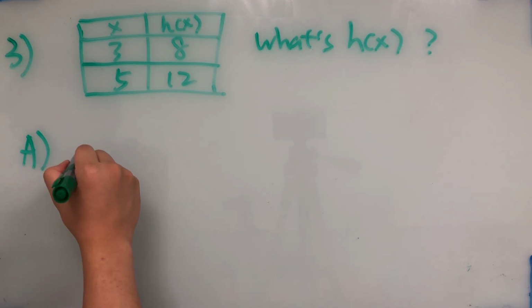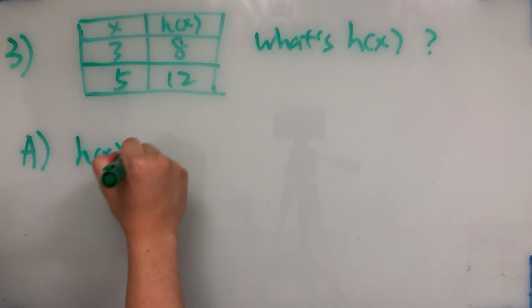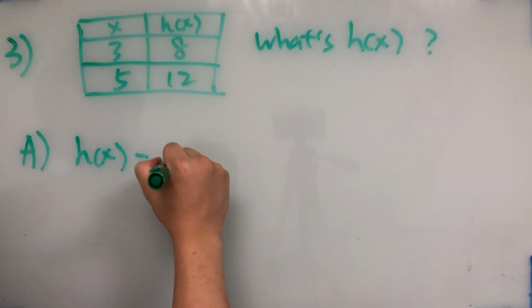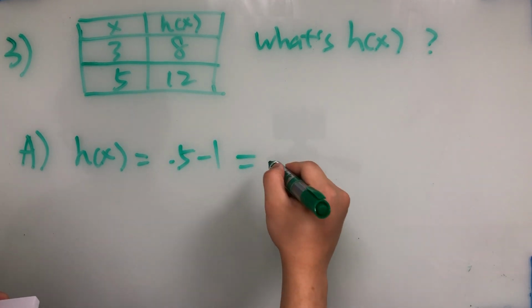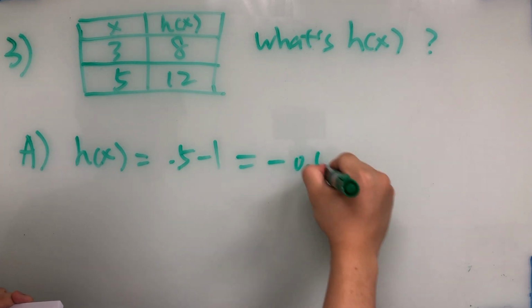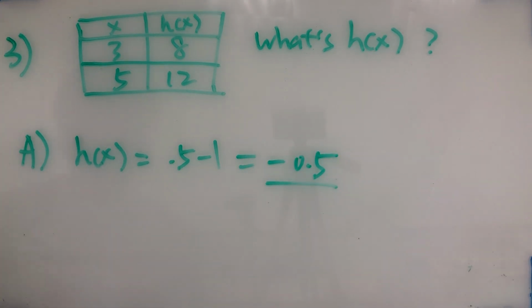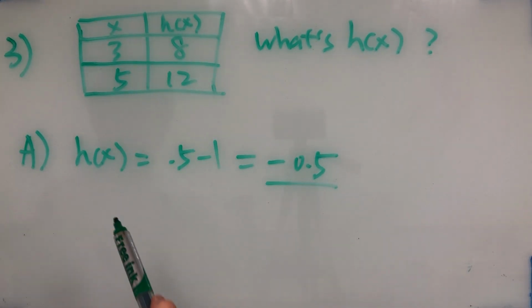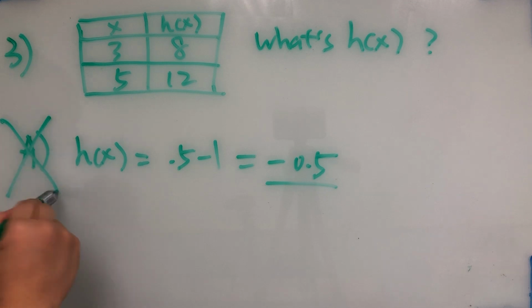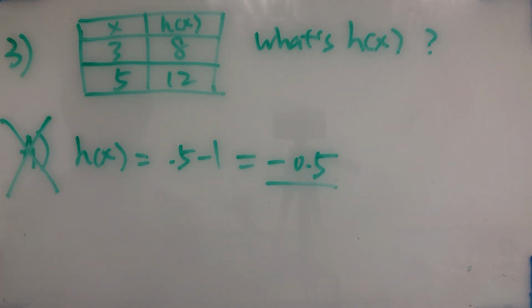So A says h of x equals 0.5 minus 1. And that just gives us negative 0.5 all the time. And it just doesn't make sense because we're getting values like 8, like 12 here. So apparently A can't be the answer because we're getting more than one value.